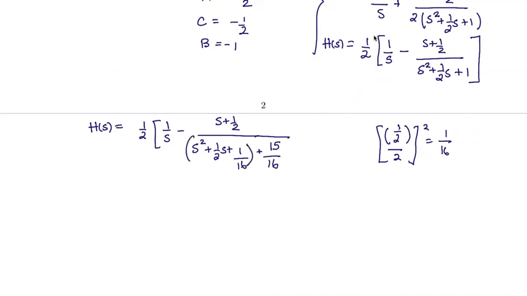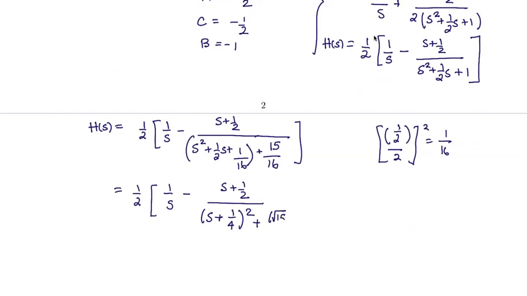Grouping these terms, I end up with 1/2 times 1 over s minus s plus a half all over s plus 1/4 the quantity squared plus, and I'm going to make this the square root of 15 over 4 the quantity squared. We will see why in a minute, but one of the reasons that this is a good idea is because we know that we have a couple Laplace transforms that work.